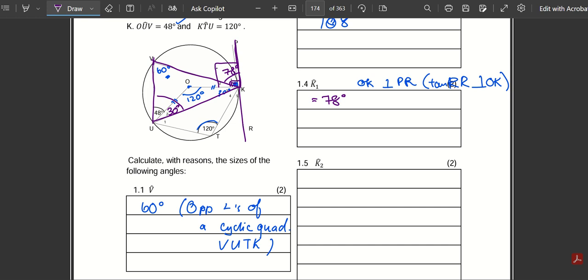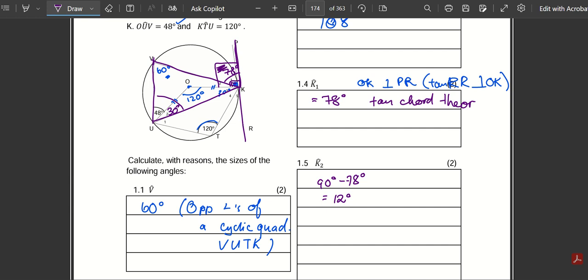So if I know that this part here is 78 degrees, then I would say this is actually 90 minus the 78 degrees, which equates to 12 degrees.